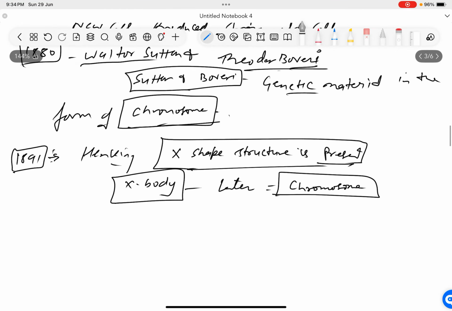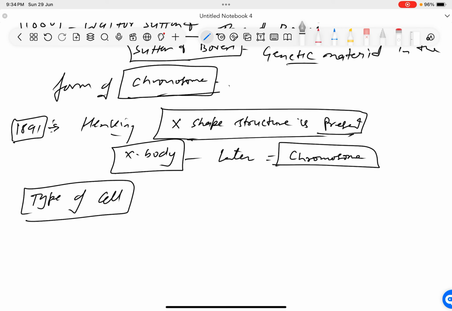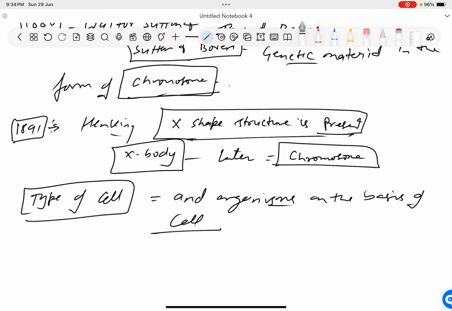Later on, we will describe the types of cells and organisms on the basis of cell.